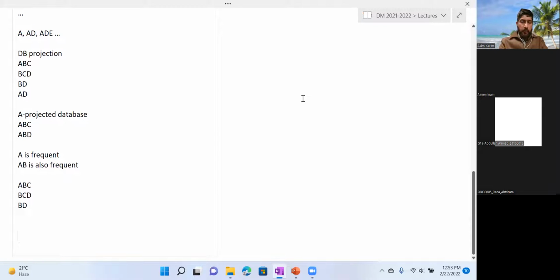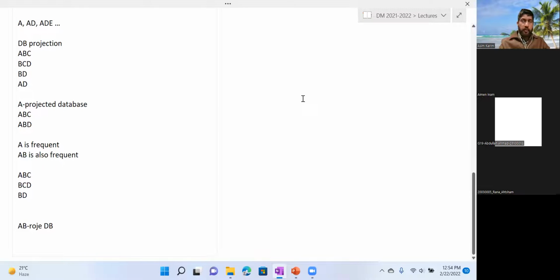Again continuing this, let's say I want to find the AB projected DB. So which transactions would this have? It will contain the first transaction, which is ABC.